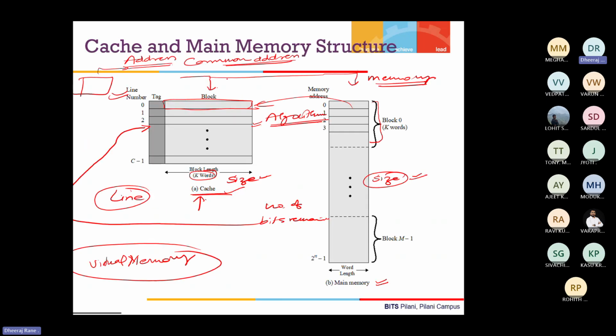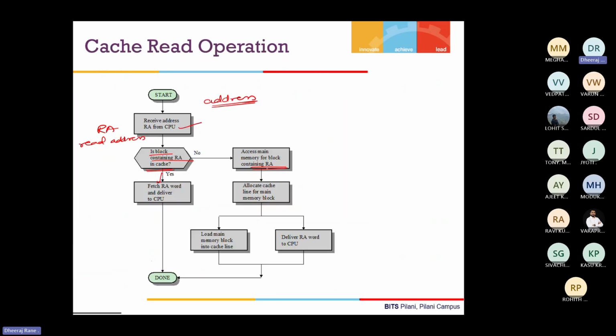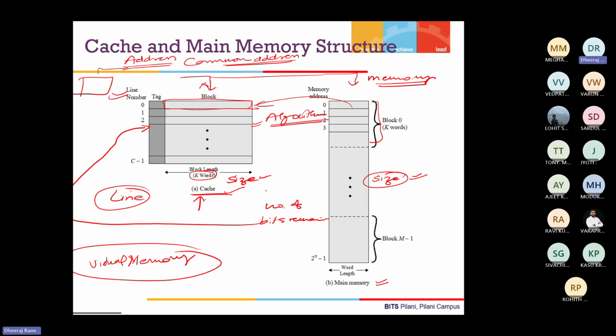What I told you: if not found here, it accesses the block in main memory and allocates a cache line for the main memory block. So even at the first read, it will pick that and allocate a block in the cache, and transfer it to that particular block.